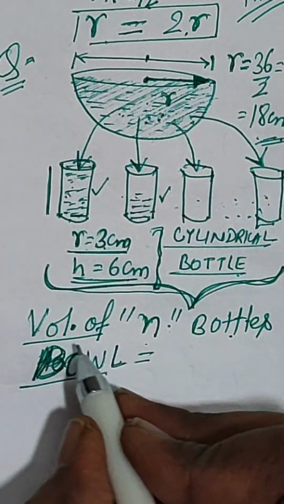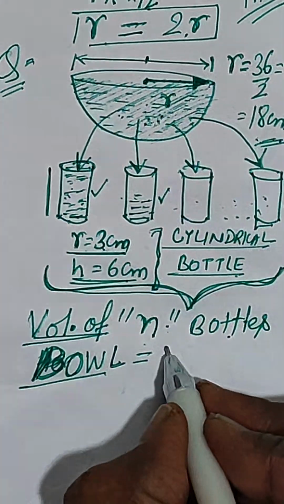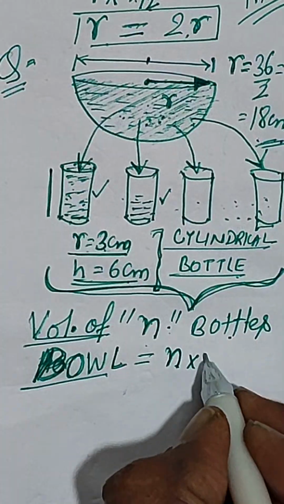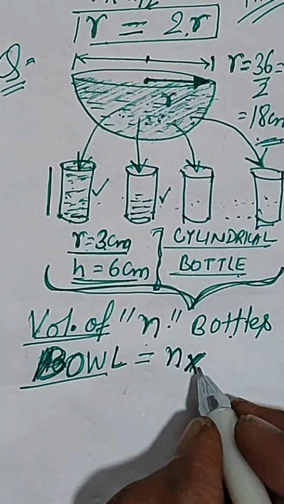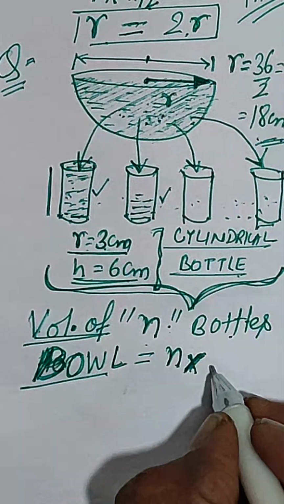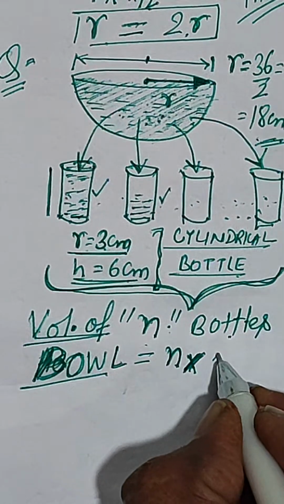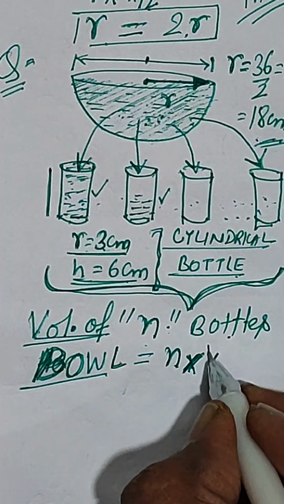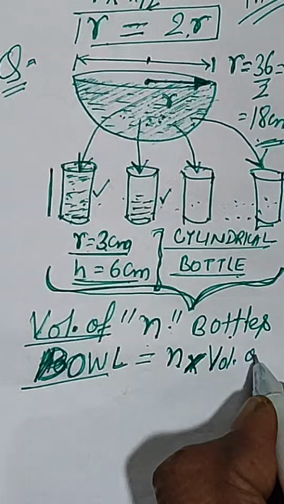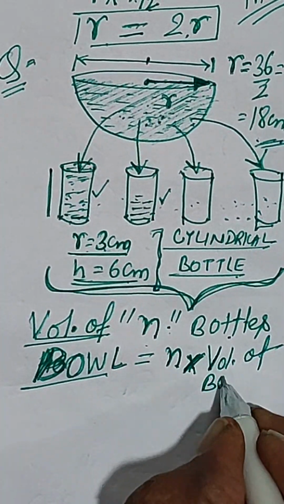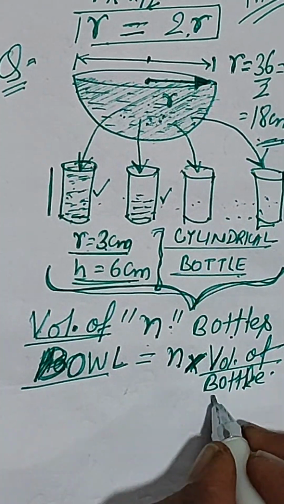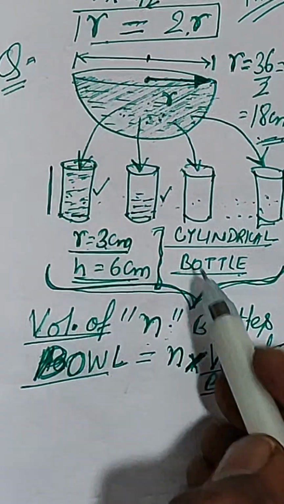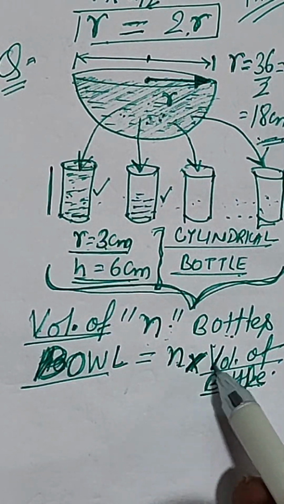So the volume of the bowl will be equal to n times the volume of the cylindrical bottles. And what is the volume of cylindrical bottles? That is n times the volume of one bottle. Simple calculation. Repeated addition is multiplication, right?